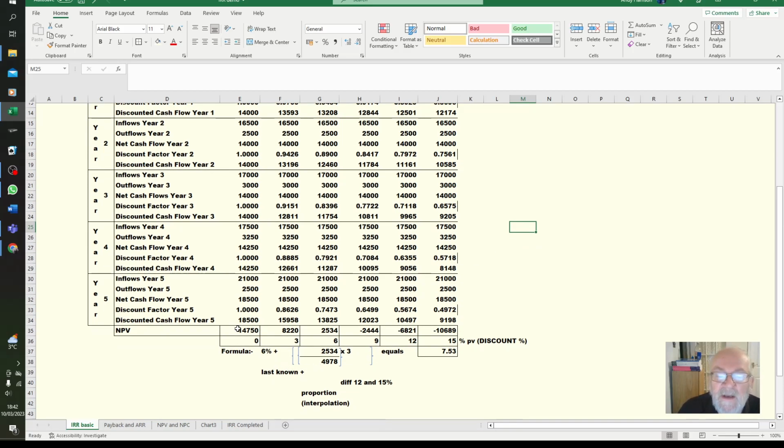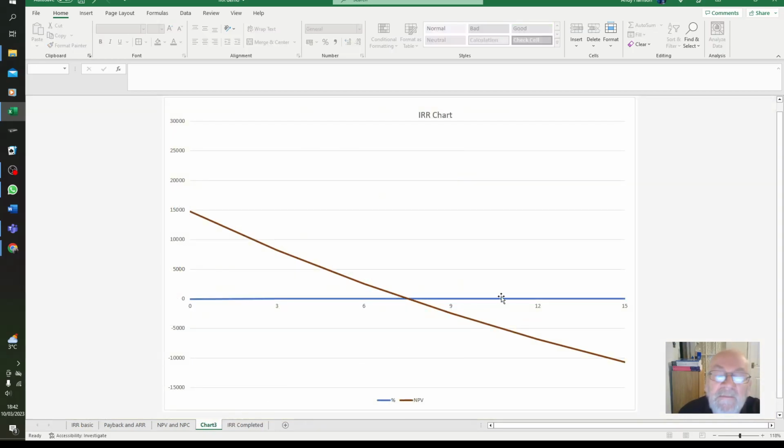So the net present value is positive here and negative here. So have a look at the graph. After lots of removing boxes and changing axes and stuff like that, I managed to get a graph that works. So for the IRR, our net present value would hit 0 somewhere in the middle here. It's about 7.5%. If you don't think your eyes are playing you up, this is actually a slight curve.